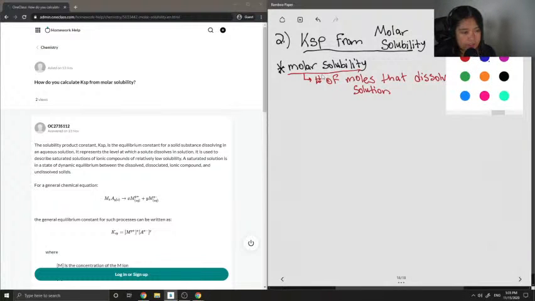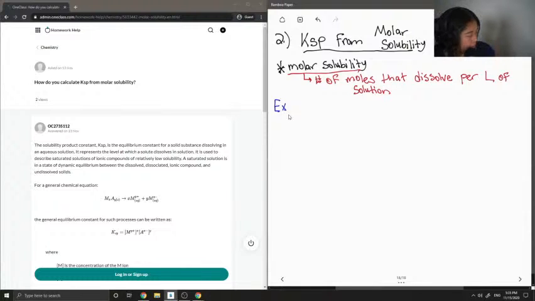Okay, so I am going to write out an example on how one would calculate KSP when given molar solubility.